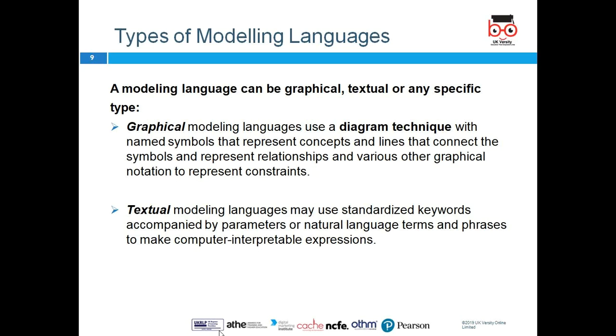Graphical modeling languages use a diagram technique with named symbols that represent concepts and lines that connect the symbols and represent relationships, and various other graphical notations to represent constraints. So anything in a graph.